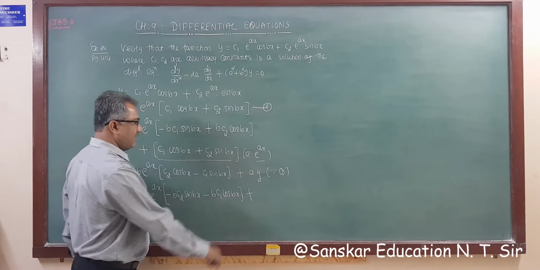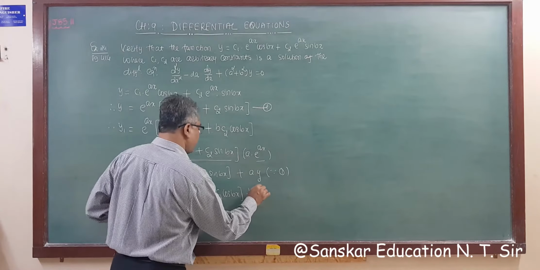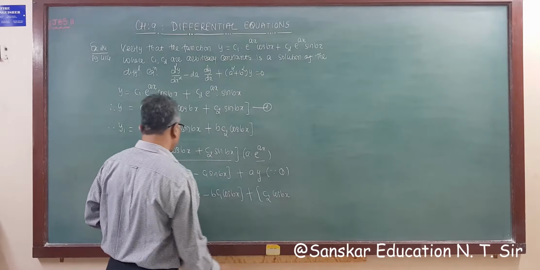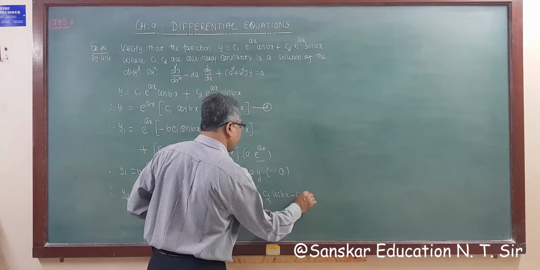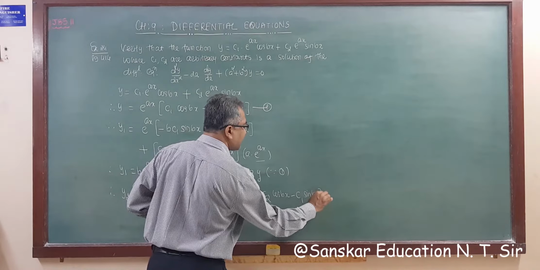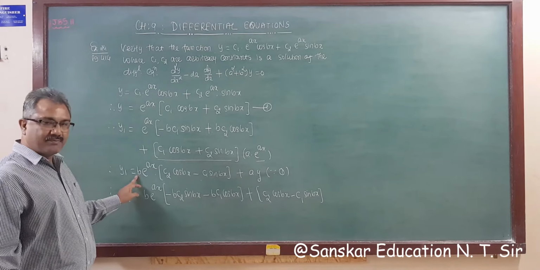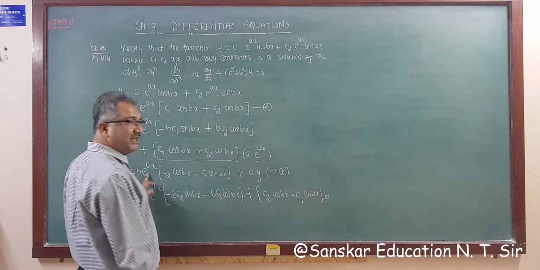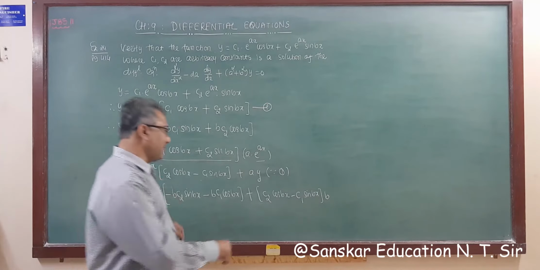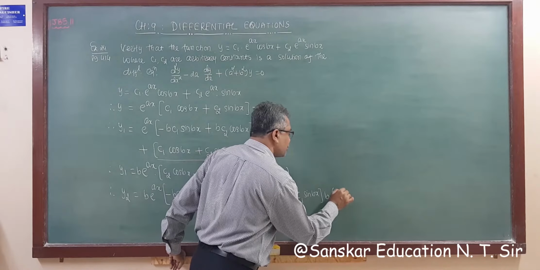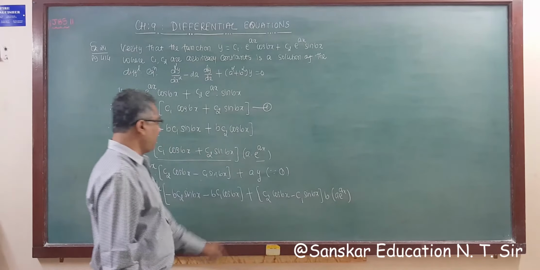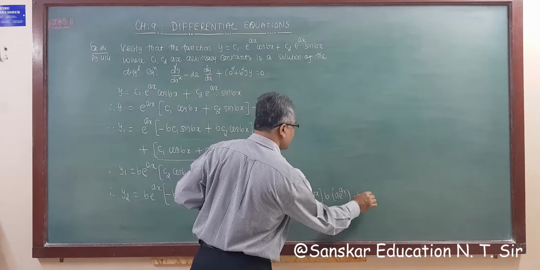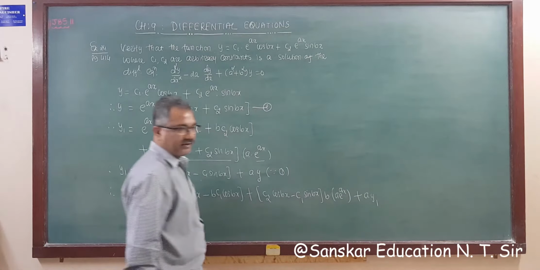Plus, keeping this as it is, c2 cos bx minus c1 sin bx, with b as it is since b is constant, and the derivative of e raised to ax is a e raised to ax. Plus a is constant and the derivative of y is y1.